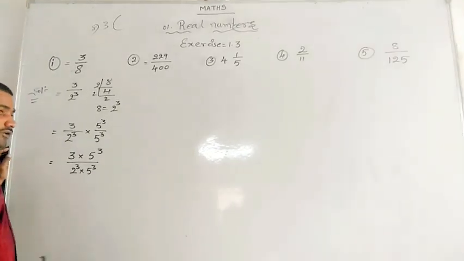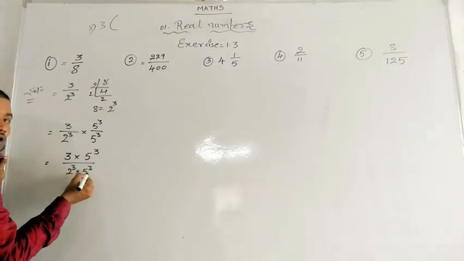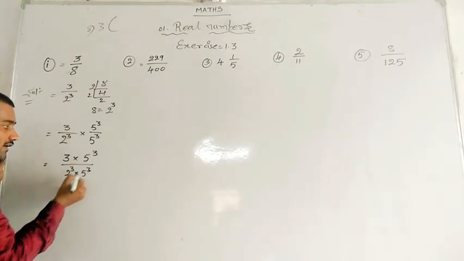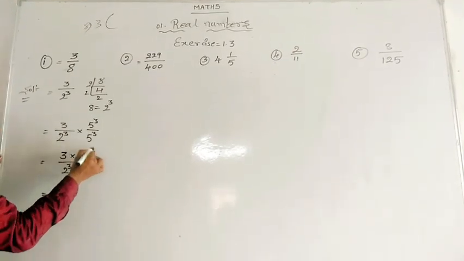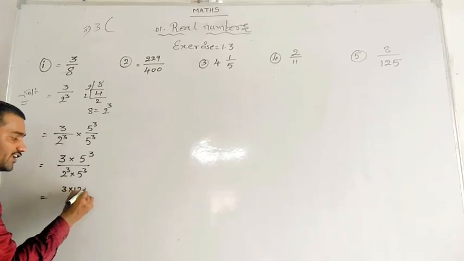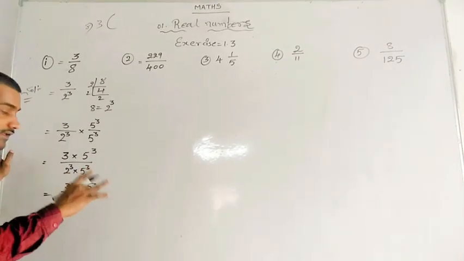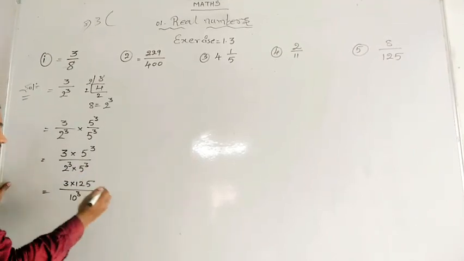Now 2 into 5 is 10, which we can write as 10 cube. Let us write this 5 cube as 125. So 3 into 125 by 10 cube, without dividing, we directly get the answer.